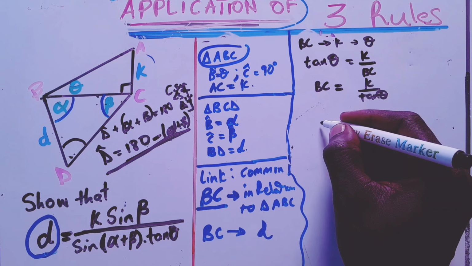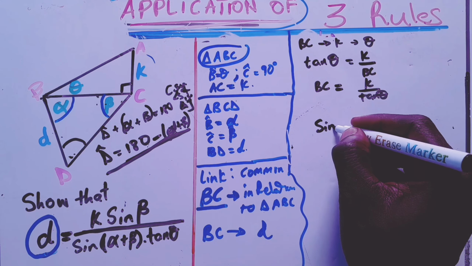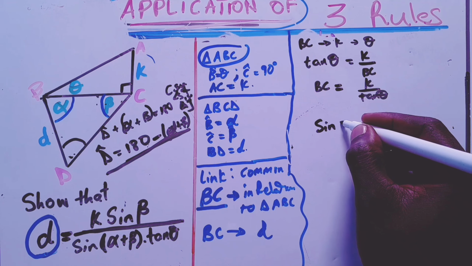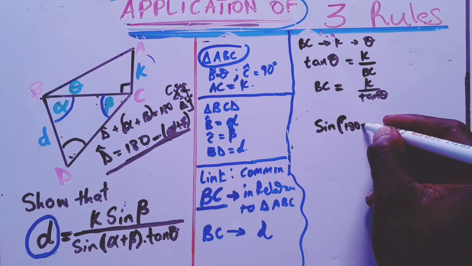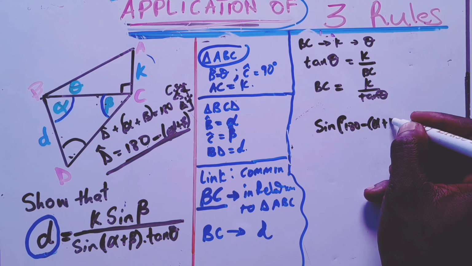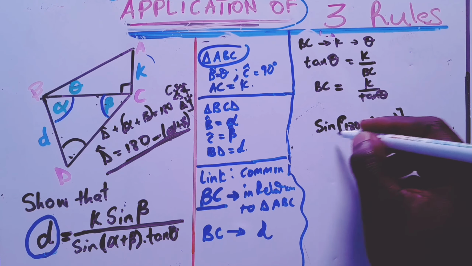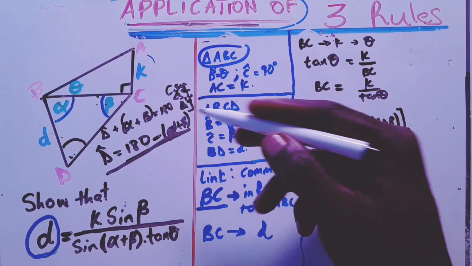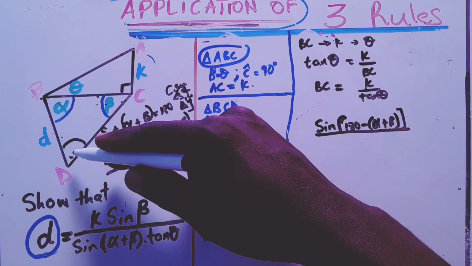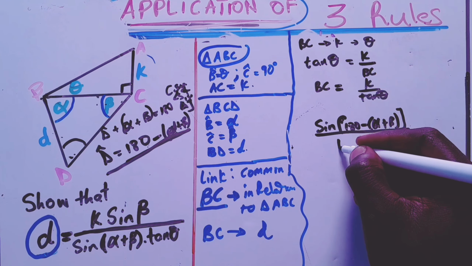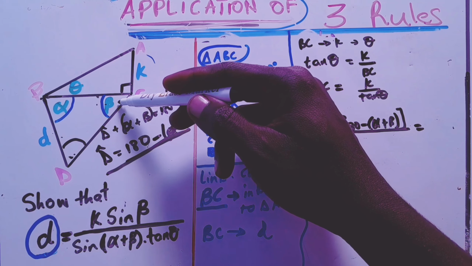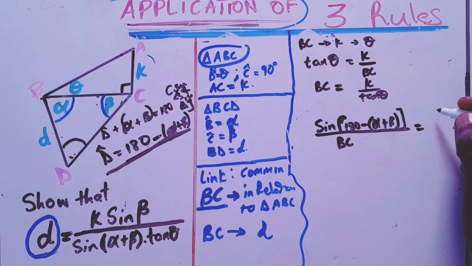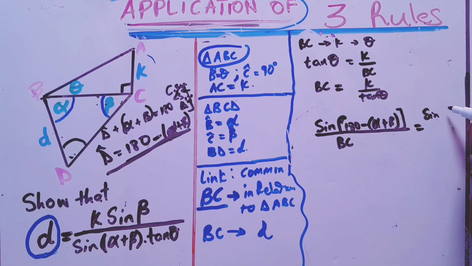So let's see. Sine of 180 minus alpha plus beta over, right? So sine of this angle over this side, so over BC should be equals to sine of this angle over D. So this is sine of beta over D, right?